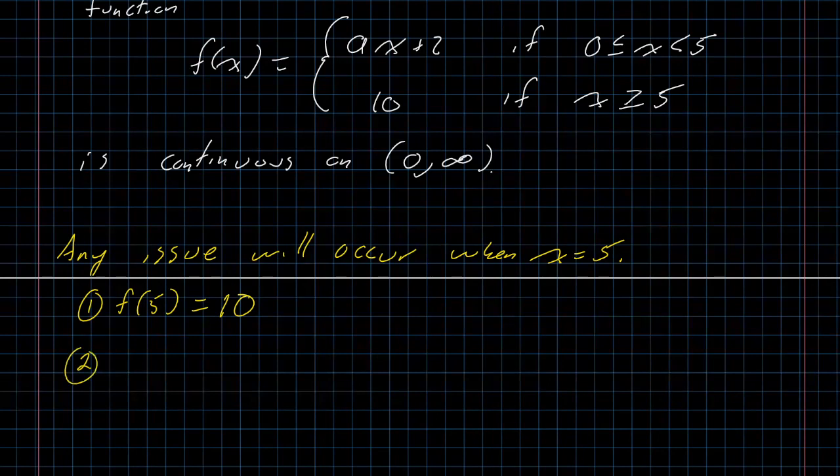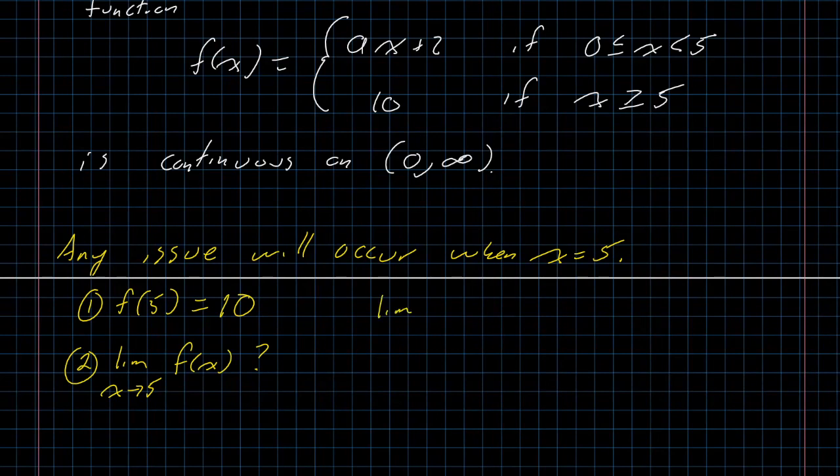We need to figure out what the limit as x approaches 5 of f of x is. And we see that this is a different function on either side. So we have to break it down and look at the one-sided limits.